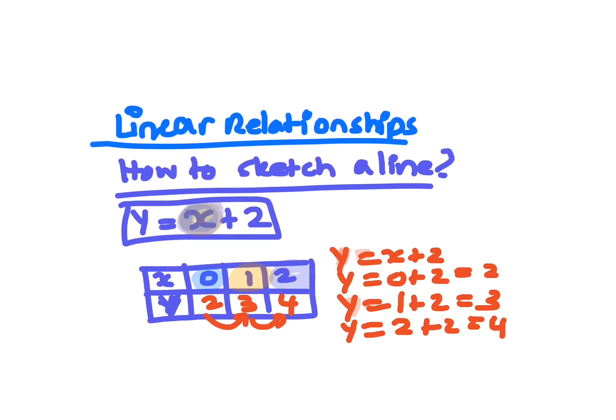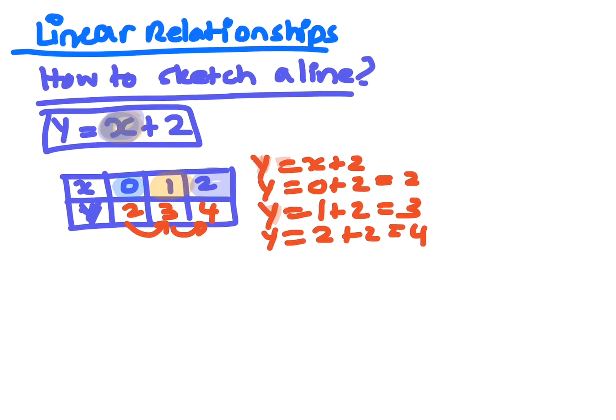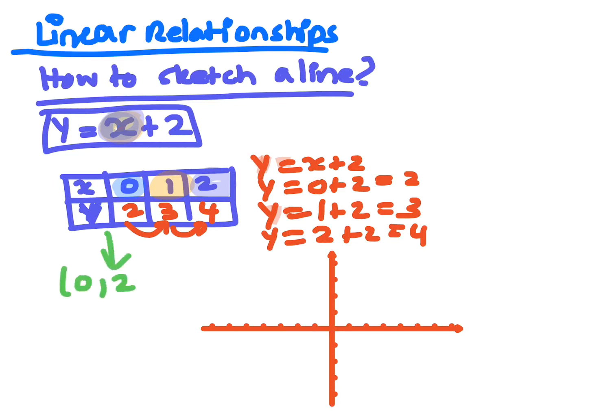Once we've done all that and we've got our table of values, we're able to put it into a number plane. So if we draw up our number plane, all we need to do is plot our points. These form coordinates (0, 2), (1, 3), and (2, 4). So you go across 0, up 2, so that's there.